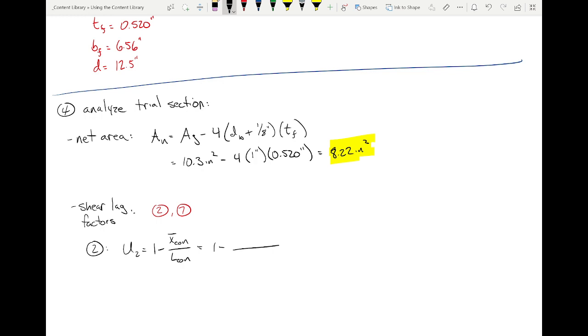So I'm actually going to put y-bar here. Y-bar for a WT 6 by 17.5, and then this is just Lcon. How long is the connection? 8 inches, from center of bolt to center of bolt. And so what is this? 0.8375. We'll say like 0.838.